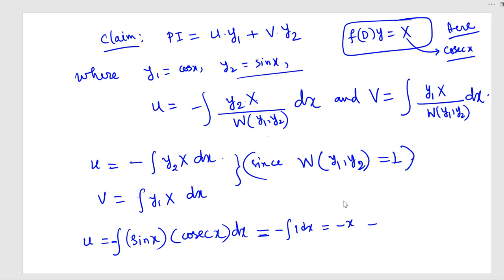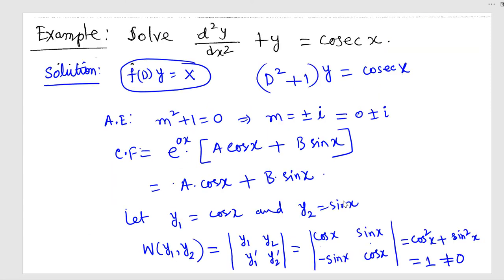For the particular integral, we do not use any constants because we have already assumed two arbitrary constants here, and a differential equation of order 2 will contain only two arbitrary constants.